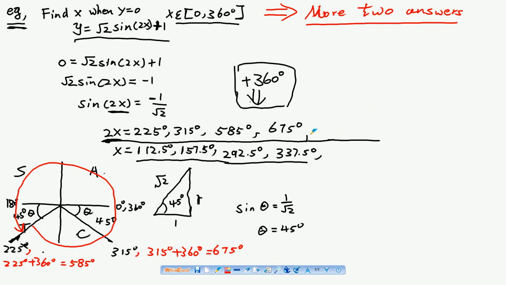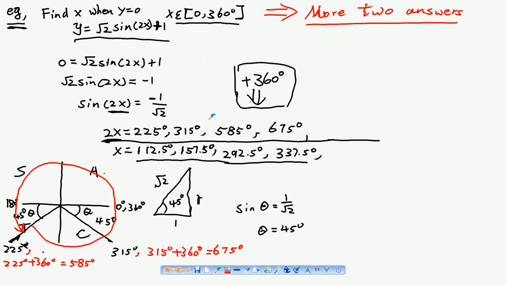Sometimes when they give you a domain, you always have to give out all the x values that satisfy the equation within the domain.